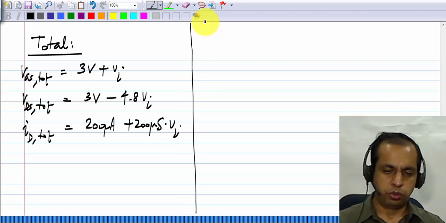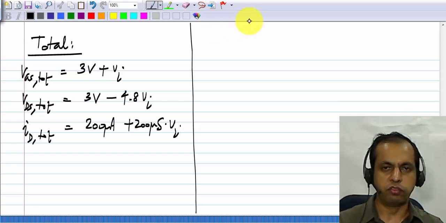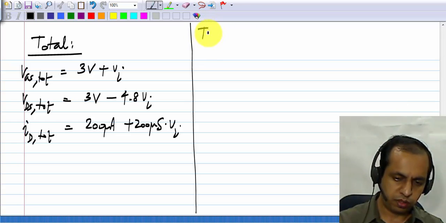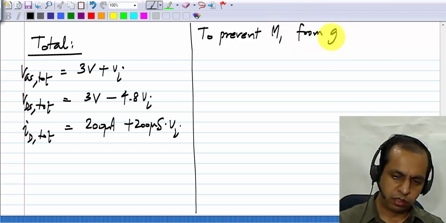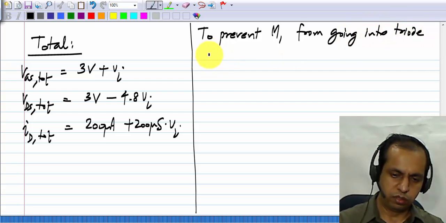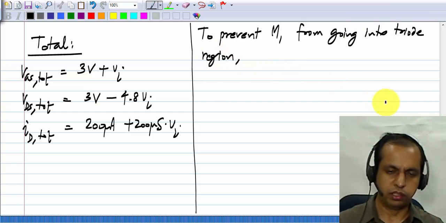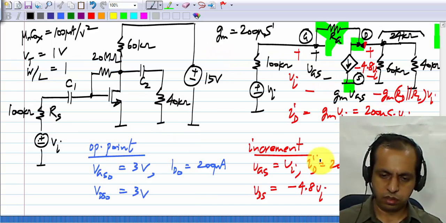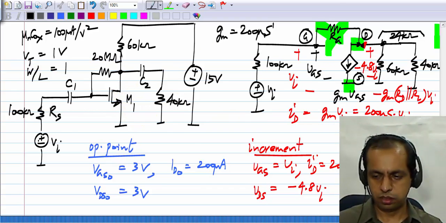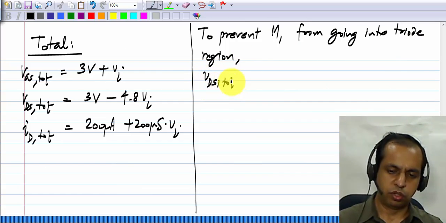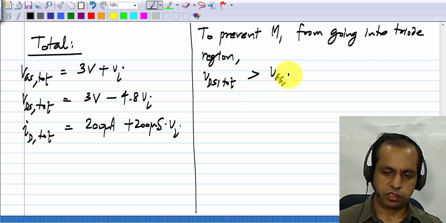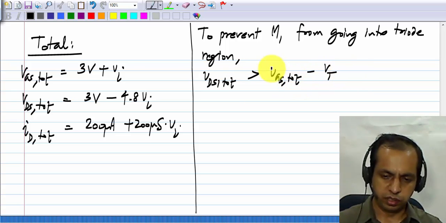Now the cutoff due to triode region, or to prevent the transistor, I'll call this M1, from going into triode region, VDS total has to be greater than VGS total minus VT.